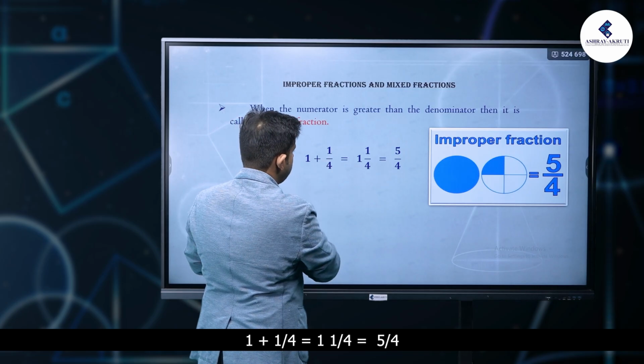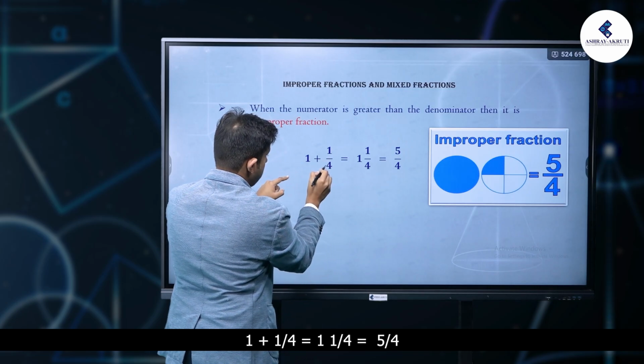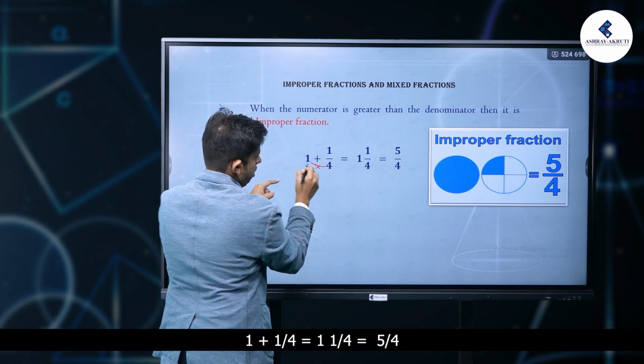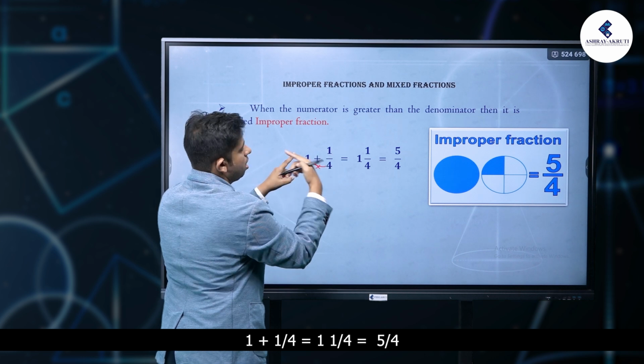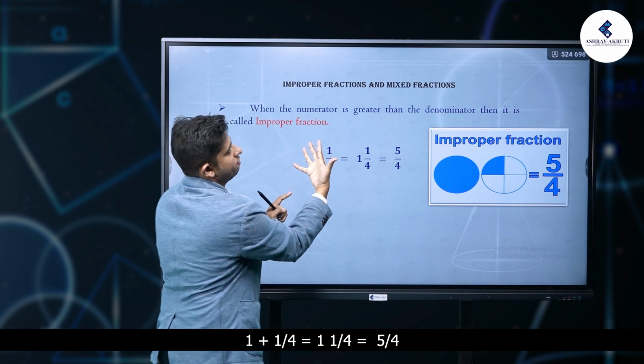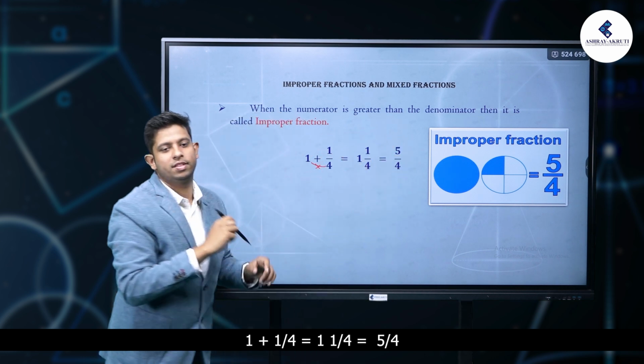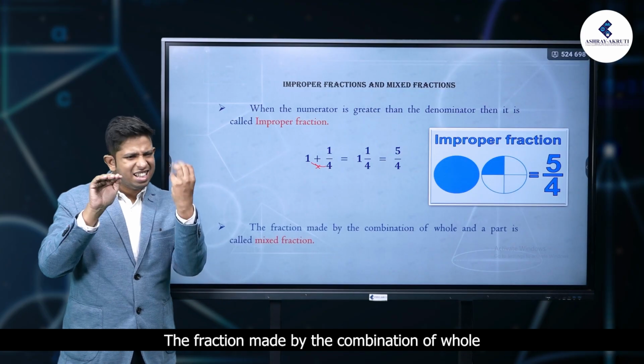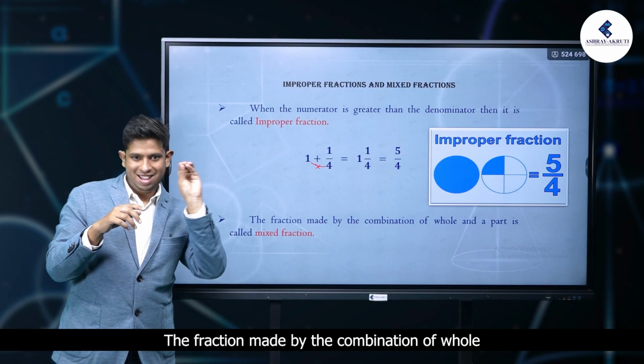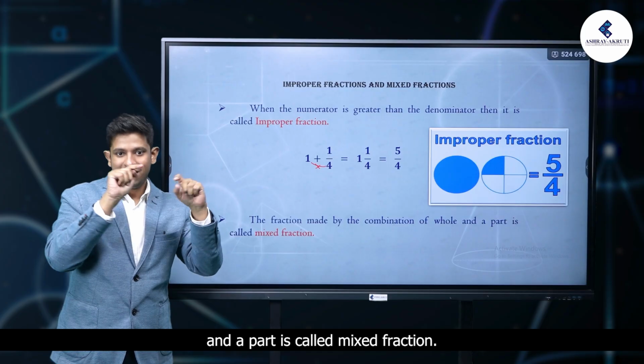One plus 1/4 is equal to 5/4. The fraction made by the combination of a whole and a part is called a mixed fraction.